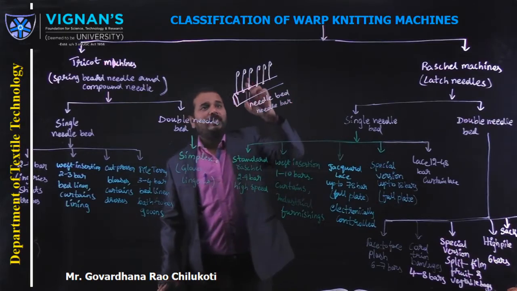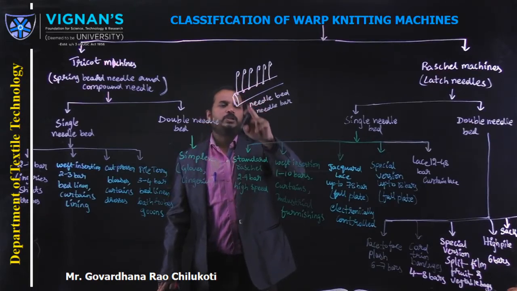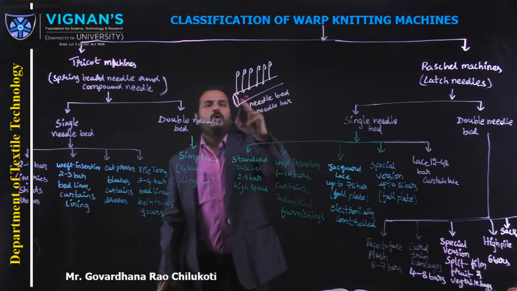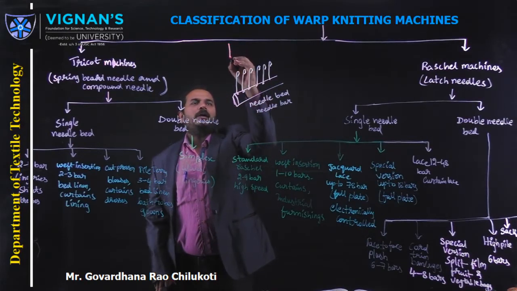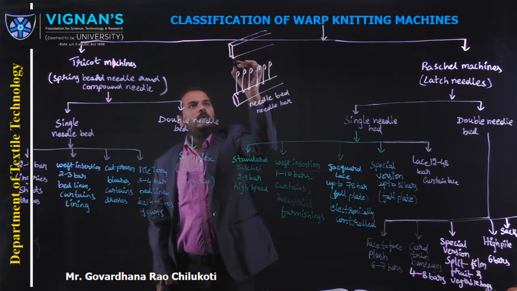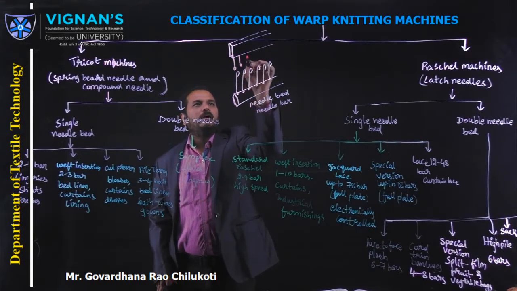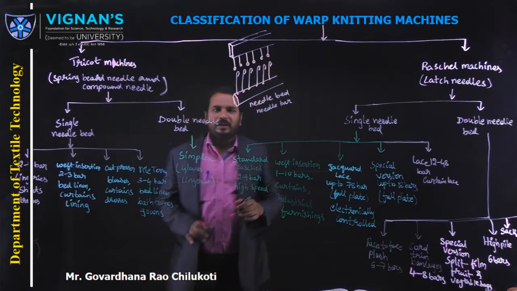Where all the needles are fixed on the metallic bar, that is why it is called a needle bar. The second one is the guide bar. The guide bar is also a metallic structure where we have guides.